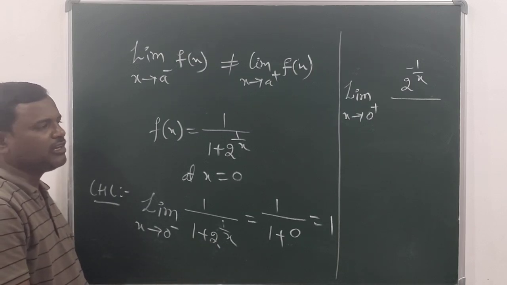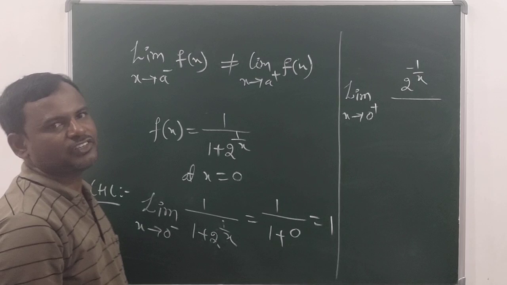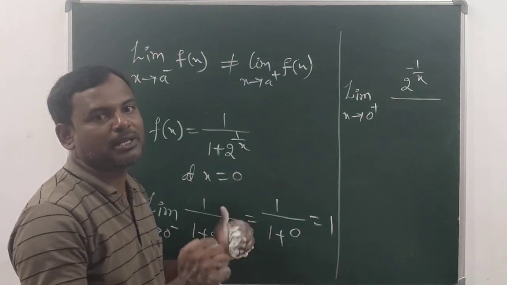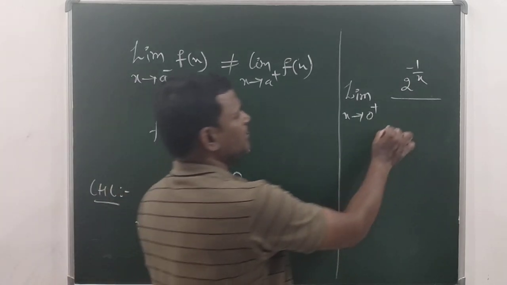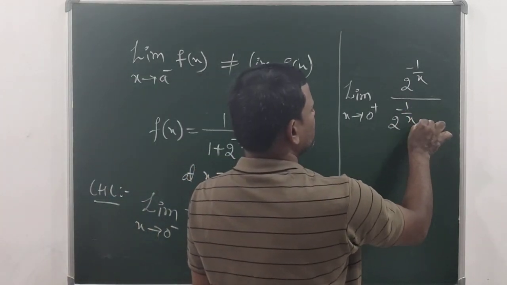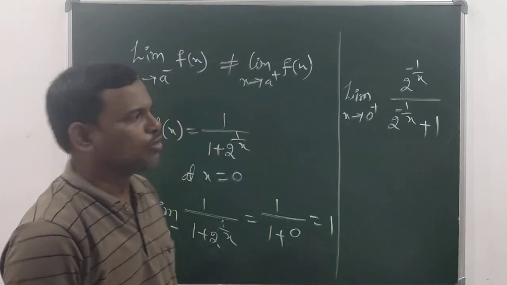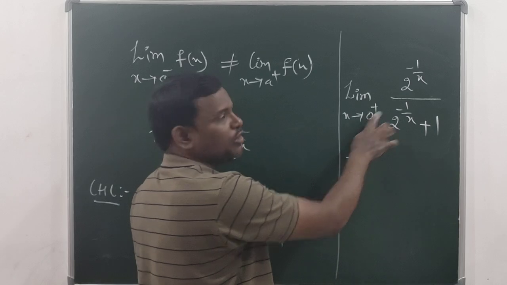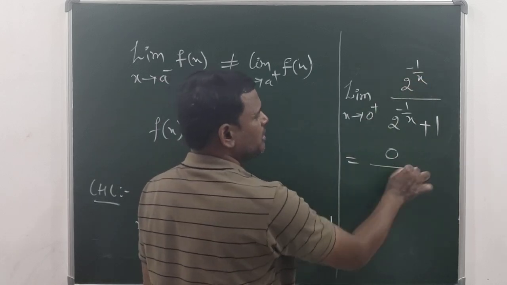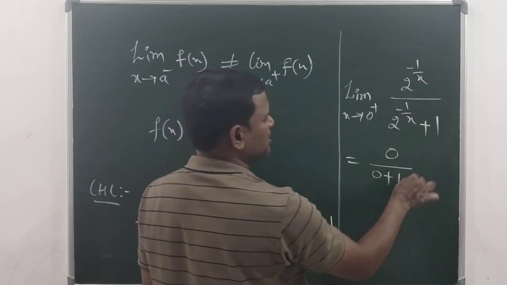However, I am multiplying numerator and denominator with 2 power minus 1 by x to make the power of 2 negative. So here you will get 2 power minus 1 by x plus 1. Now go for substitution. Here x is positive, so the power is negative, this becomes 0, and the denominator becomes 0 plus 1.